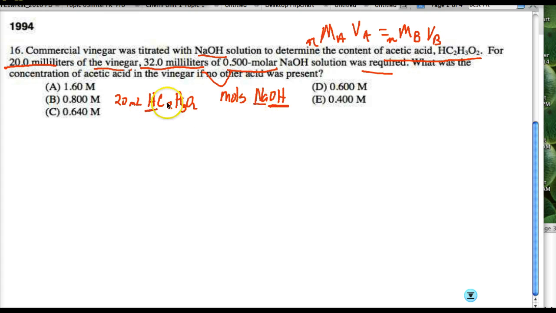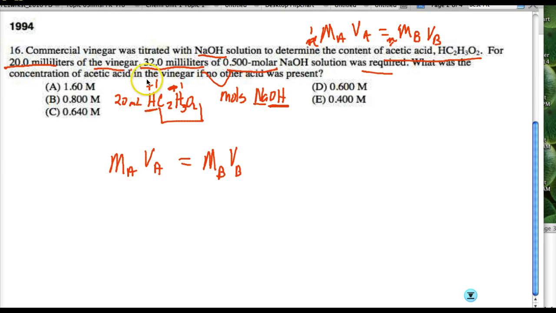You have one sodium and this. So you know this has to be a +1 because there's only one hydrogen hooked on here. So this has to be a -1, and this has to be a +1. So since this is a 1-to-1, this is going to be a 1-to-1 relationship. This is 1, this is 1. So this is easy now, because I do not have to worry about any multiplying after that.